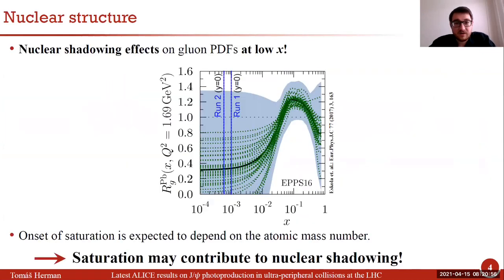And if we look at the structure of the proton inside the nucleus, so the nuclear structure, we see that the gluon PDFs exhibit nuclear shadowing effects at low Bjorken x, as can be seen on the plot in the middle. And because the onset of saturation is expected to depend on the atomic mass number, it can very well be that saturation may contribute to the nuclear shadowing.